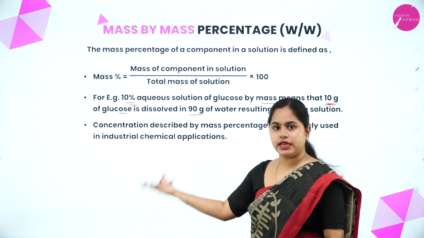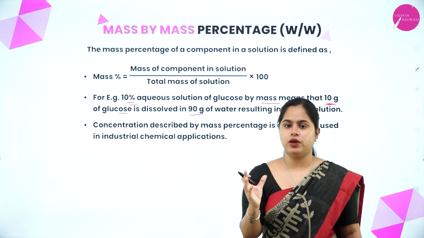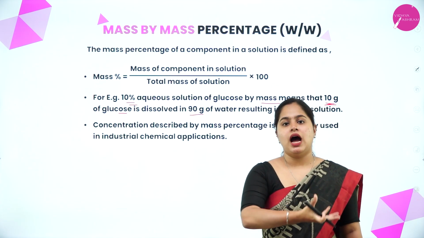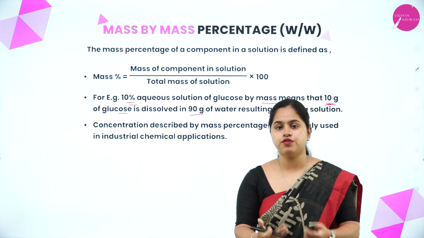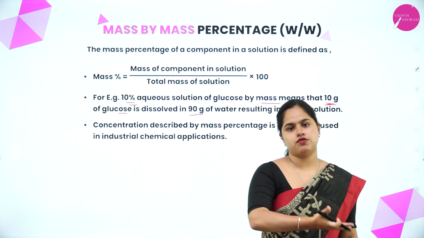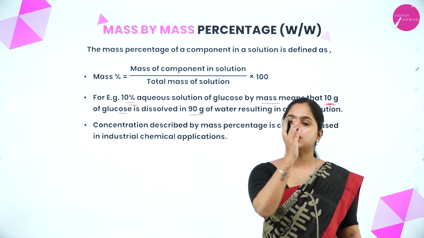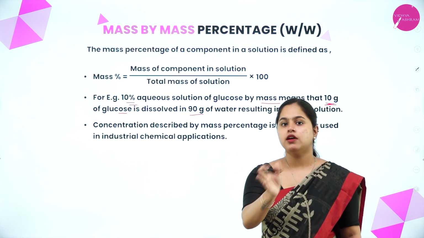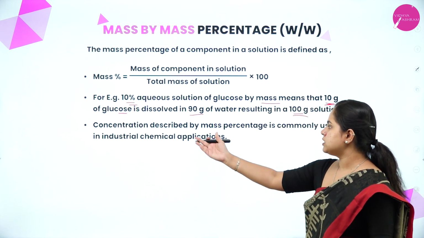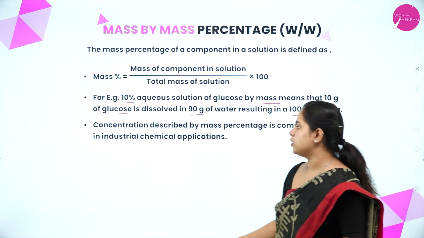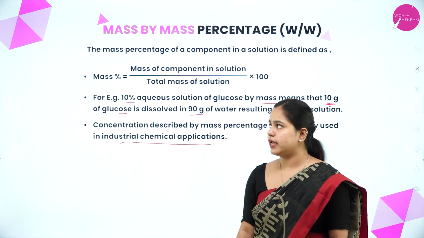So 10 gram will be your solute and 90 gram will be your solvent, which gives you a total of 100 gram, right? You know that mass of solute plus mass of solvent will give you mass of solution. Clear? Concentration described by mass percentage is commonly used in industrial chemical applications. So I hope this is clear.